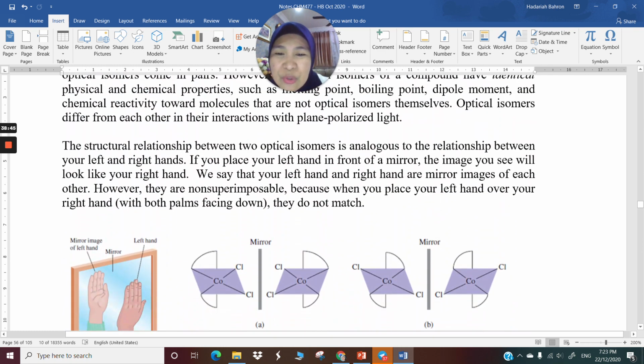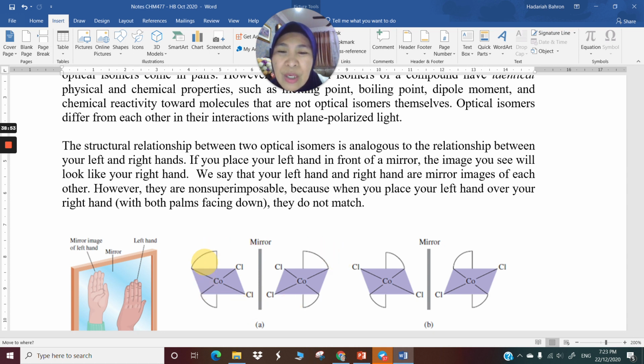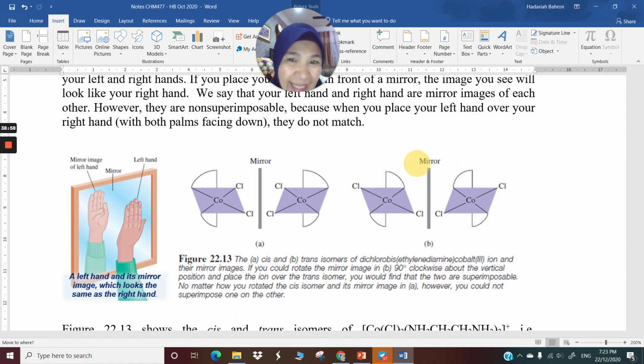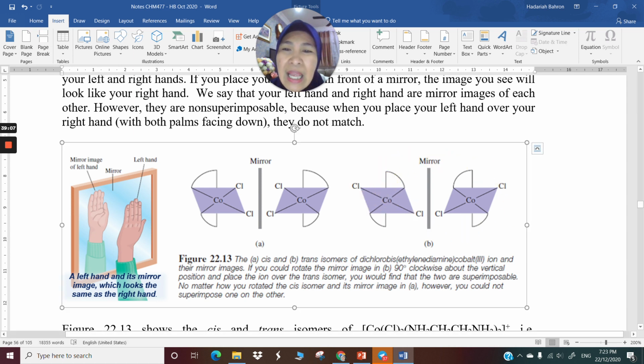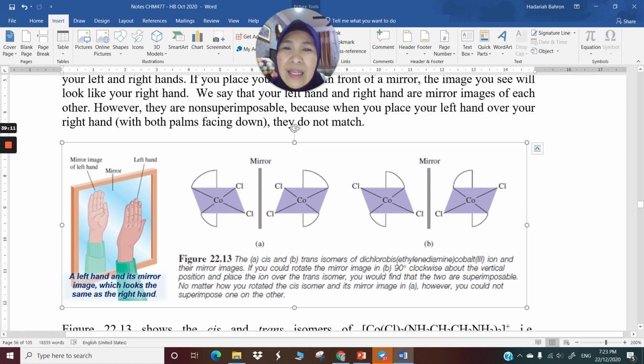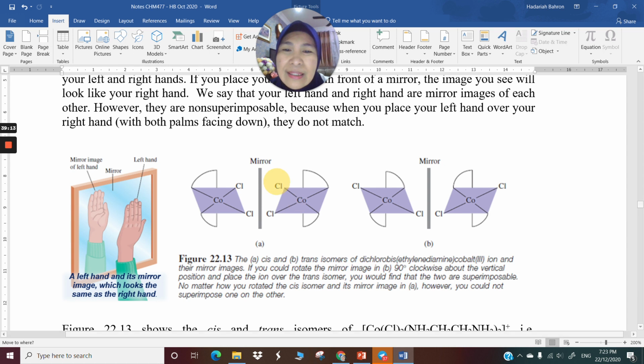So when you cannot superimpose the mirror image of the molecule with itself, then these two are called optical isomers. But these two, because you can superimpose them, are not optical isomers. The trans are not optical isomers, but the cis are optical isomers, and these are called enantiomers.